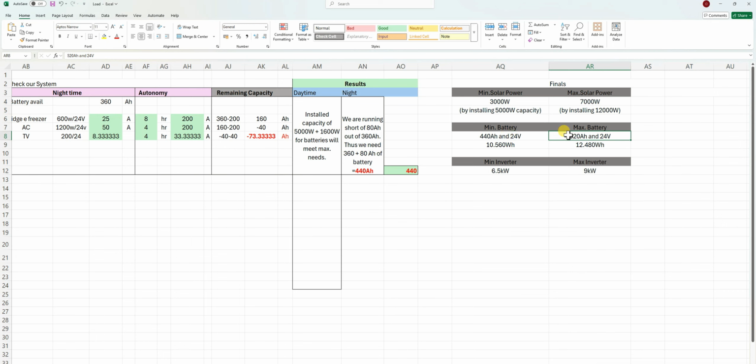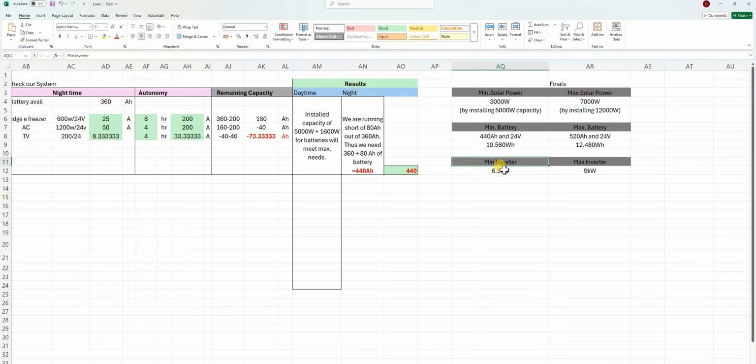Similarly, minimum and maximum inverter based on the batteries and the load. If your load is 3 kilowatt, you also have to consider the batteries, because the inverter will charge the batteries and also provide the load and also take the input from the solar panels. So you have to consider all these factors.